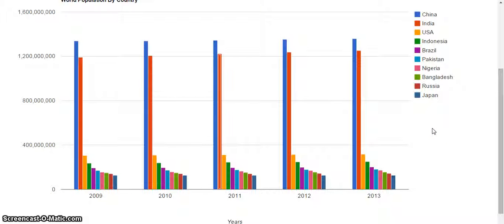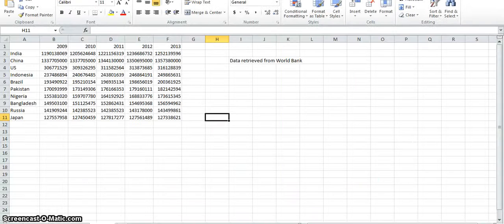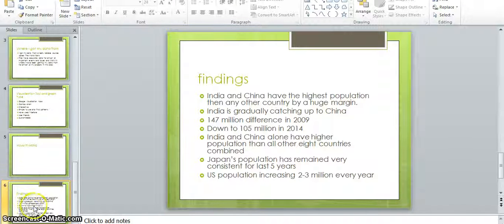And if you combine India and China's population, they still have higher population than all other eight countries combined. So you can see there how the graph plays out. And that's my data for the Excel that I got from World Bank. And now let's get into the findings.